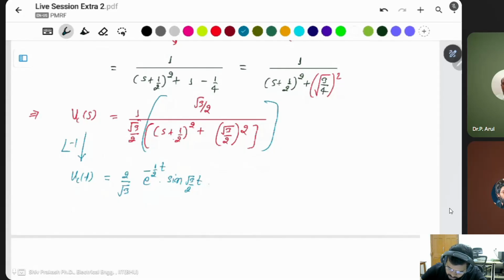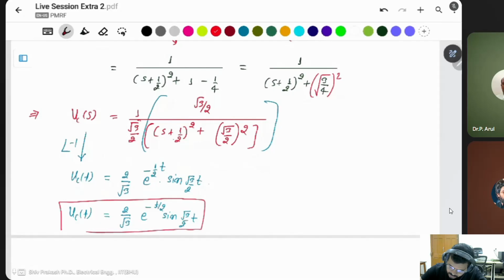This is the answer: the capacitor voltage is 2 by root 3 e to the power of minus t by 2 sine of root 3 by 2 t volts.